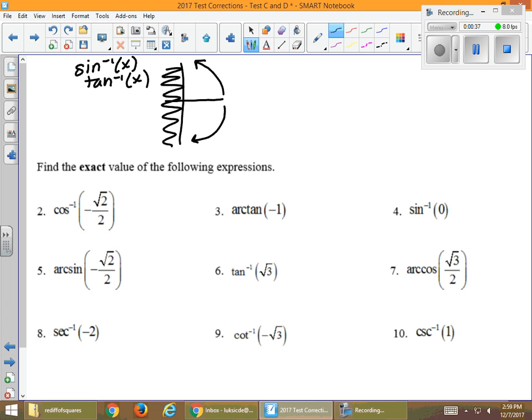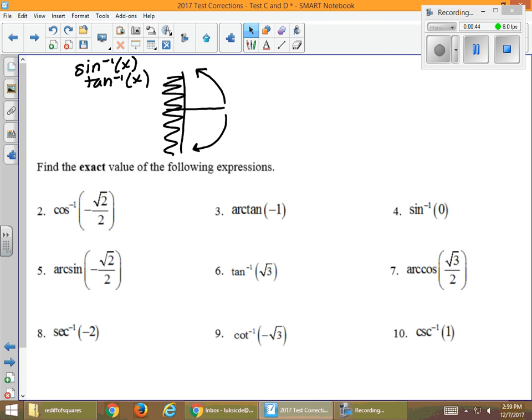And in the first quadrant, you're dealing with only positive angles. So your angle possibilities in the first quadrant are pi over 6, pi over 4, pi over 3, and pi over 2. In the fourth quadrant, you're dealing with those negative angle values.